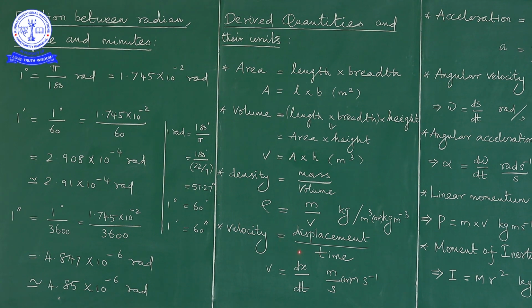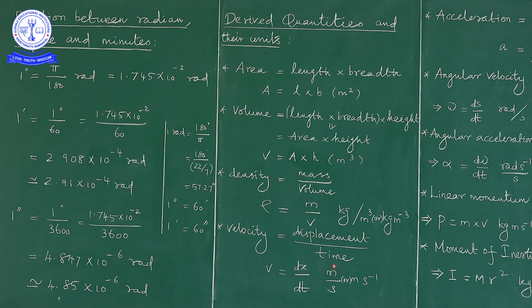And next is the velocity. Already we are familiar with this topic. Velocity is the ratio of displacement by time, or we can define it as the rate of change of displacement. Wherever the time quantity is present in the denominator, we use the words rate of change of.